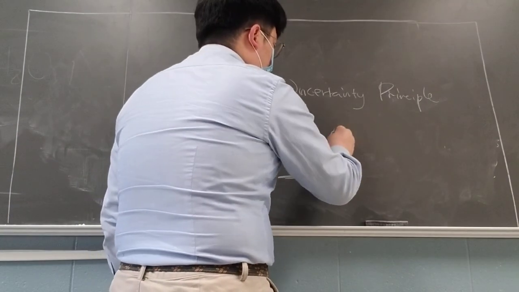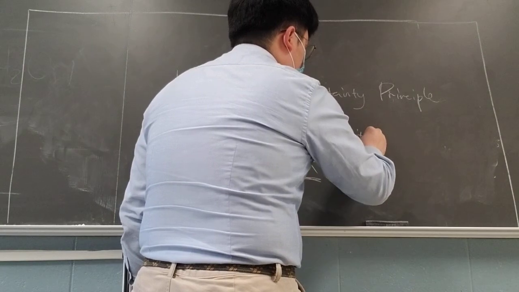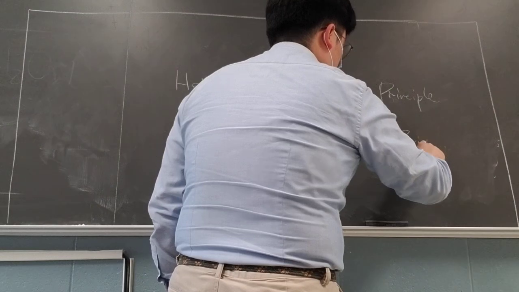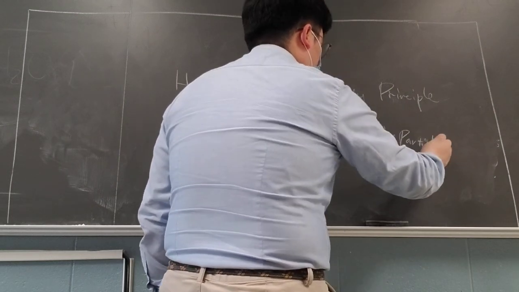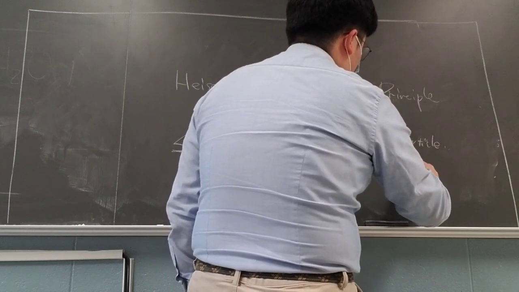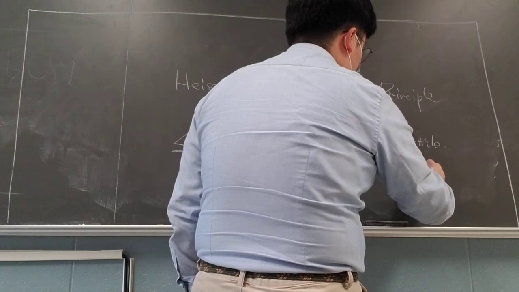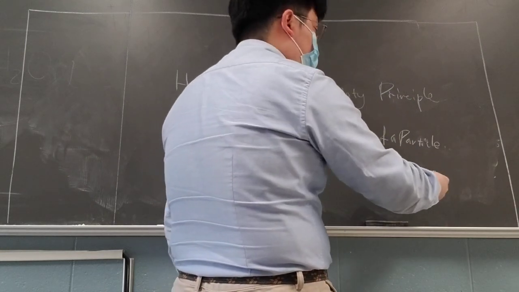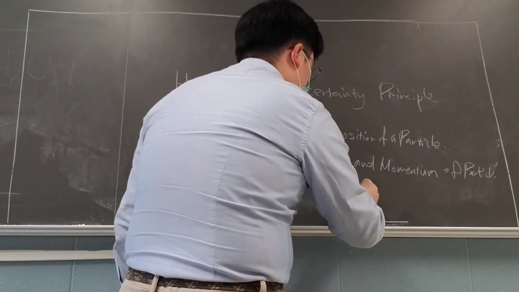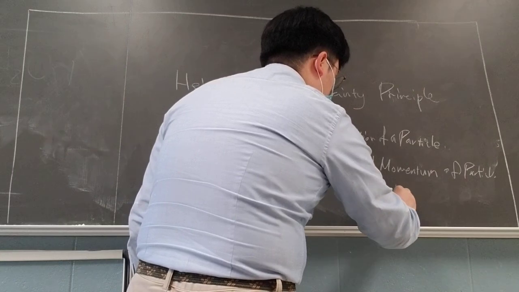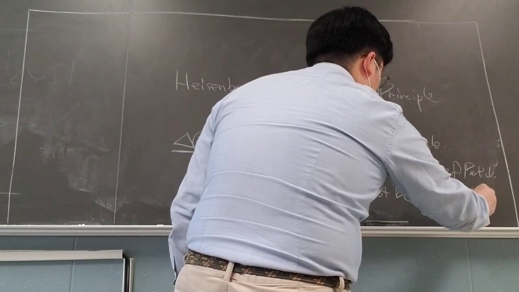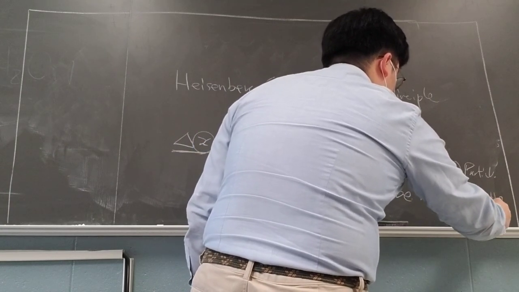So I'll show you: the position of a particle and its momentum, or you can say just speed or velocity, that should be fine, but more precisely the momentum of the particle, cannot be measured at the same time.